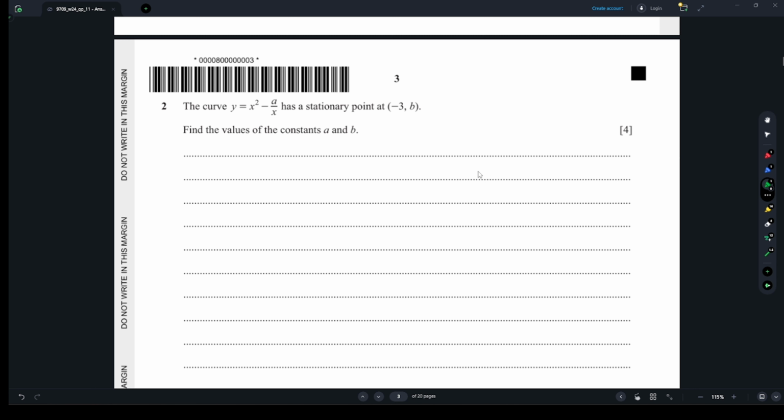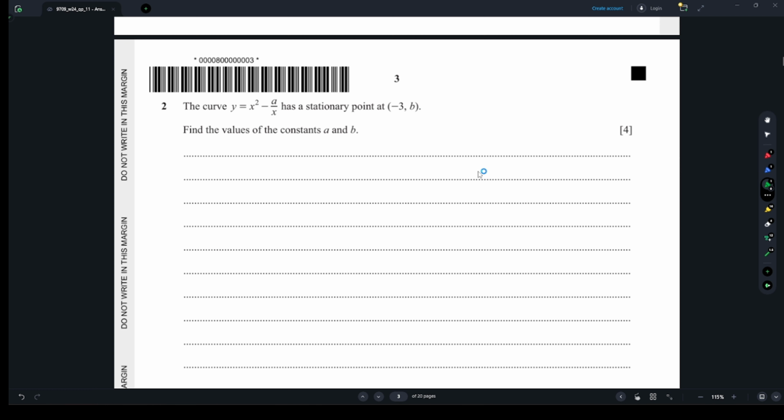Okay, so it says that the curve y equals x squared minus a over x has a stationary point at minus 3 comma b. Find the value of the constants a and b. Okay, so what is the stationary point?